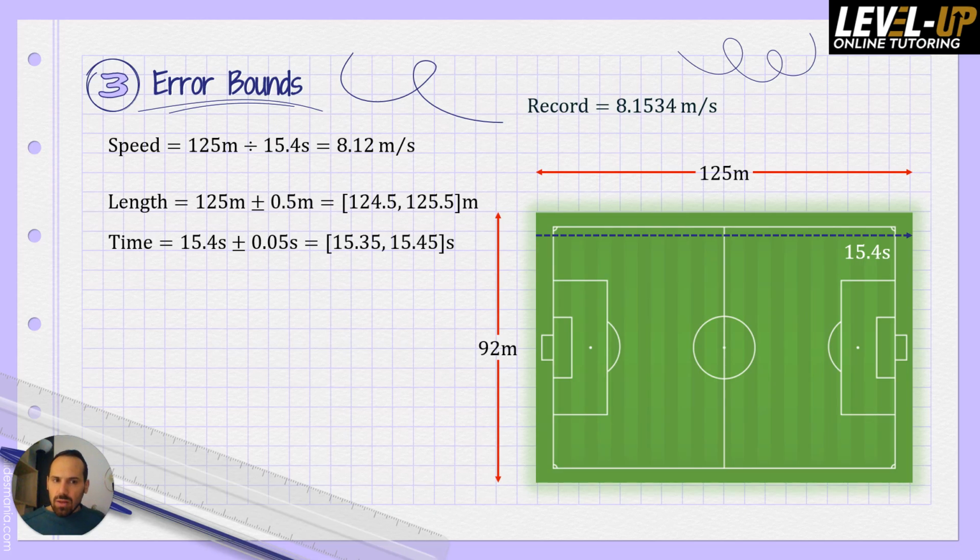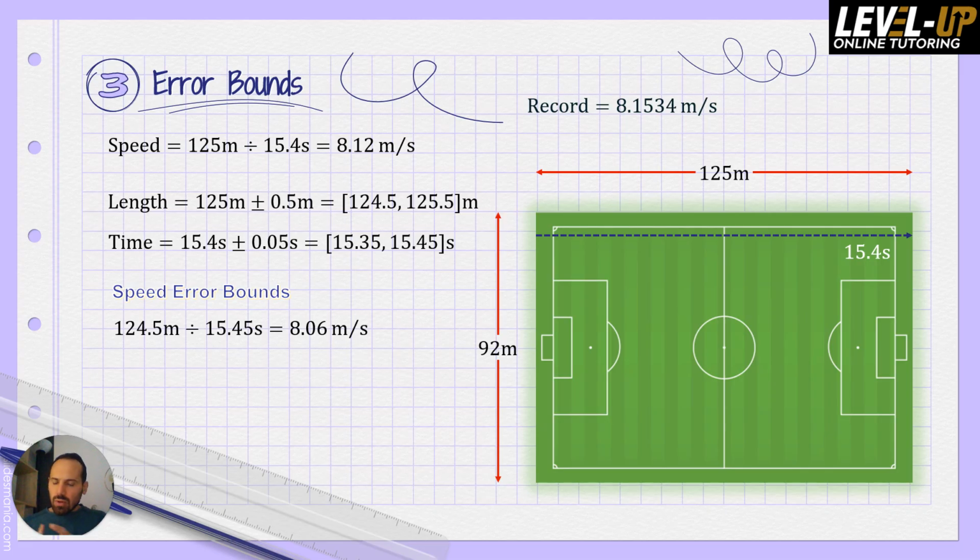So now we want to consider, is it possible that he could have been running faster? So let's look at his speed error bound. What is the minimum speed he could have been going? How we would do that is if we take the lower bound of the distance divided by the upper bound of the time.